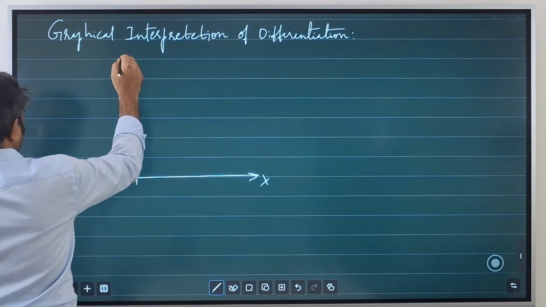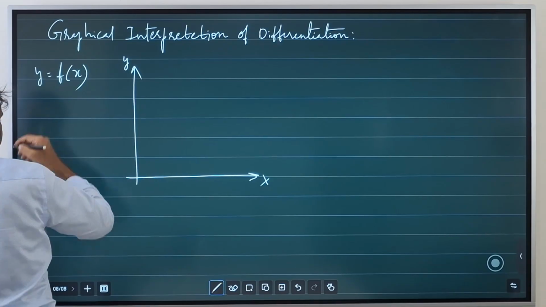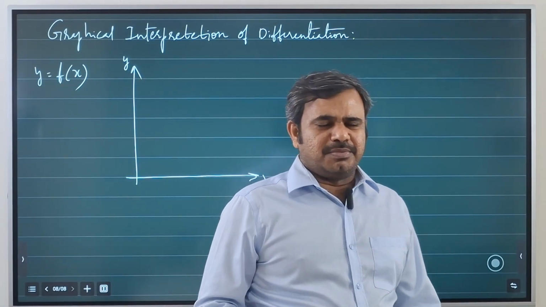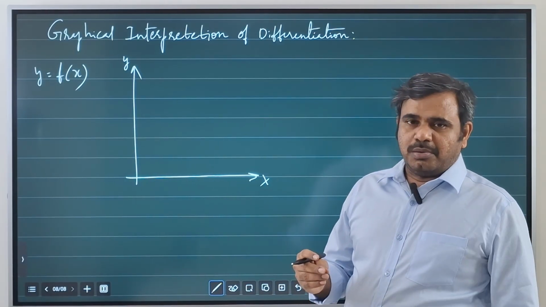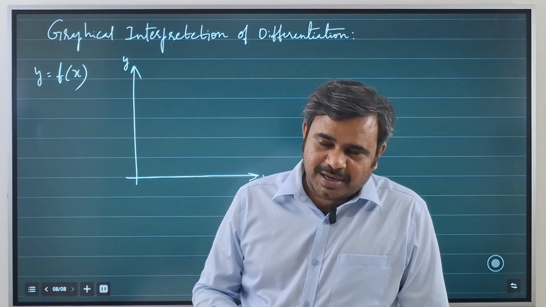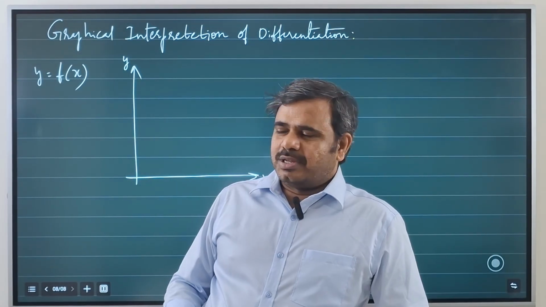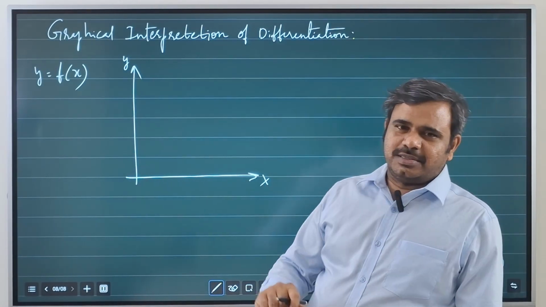You know, if y is a function of x, y depends on x. It means y may increase as x increases, maybe y decreases as x increases, maybe y increases at an increasing rate as x increases. It is possible that y may increase at a decreasing rate as x increases.